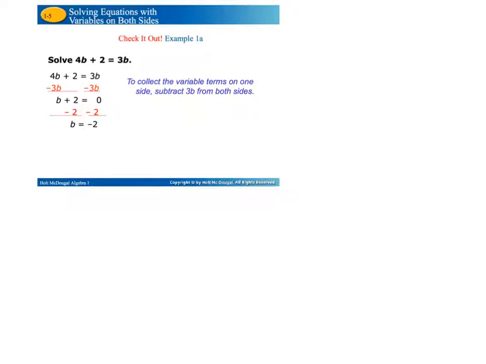Now on this example, 4b plus 2 equals 3b. For this one, we don't have a number to move. We just have letters. Now I can do this 2 ways. Back, I think 2 slides ago, they told you to try to keep your variable coefficient positive.